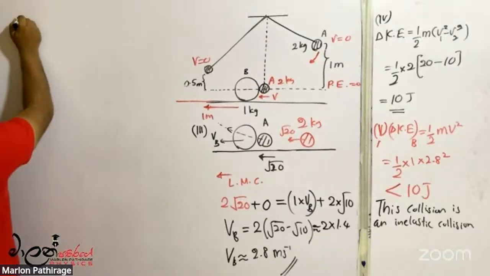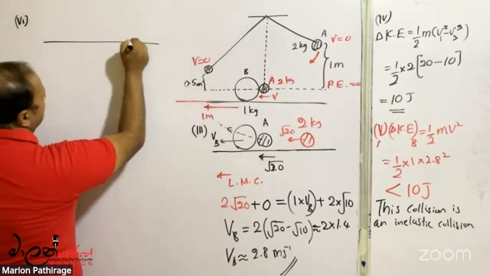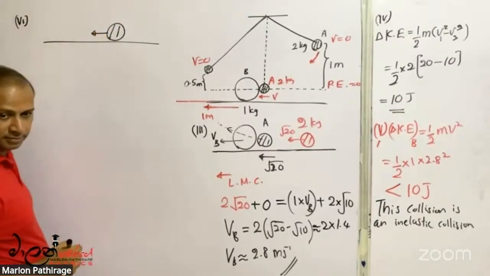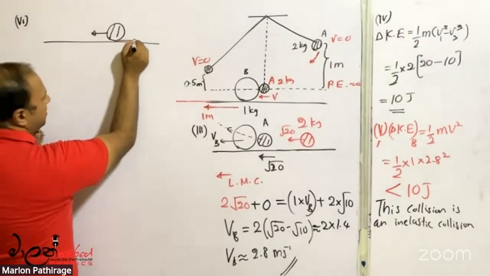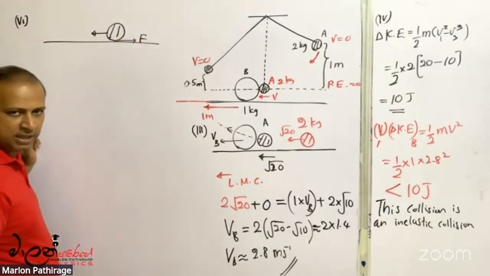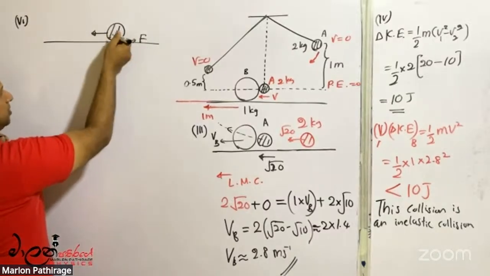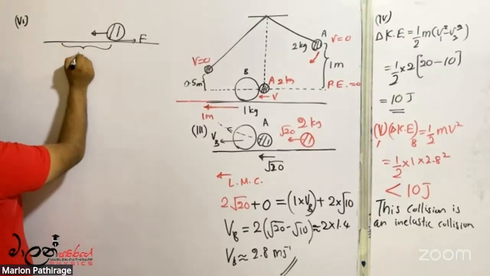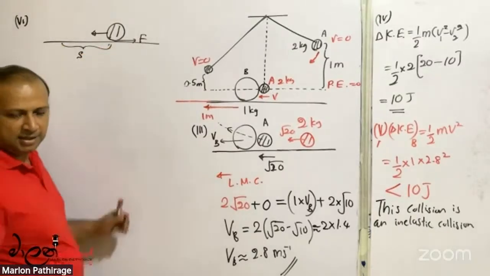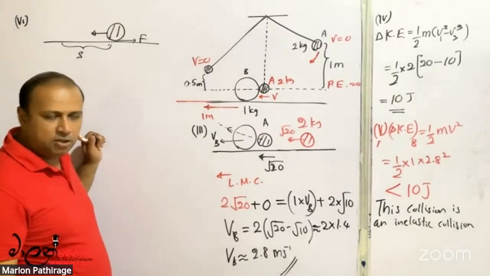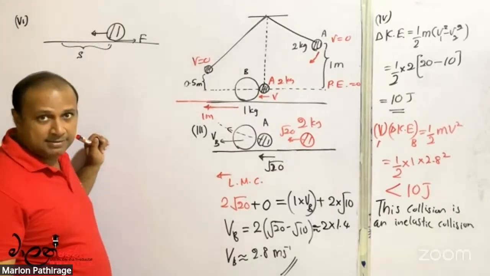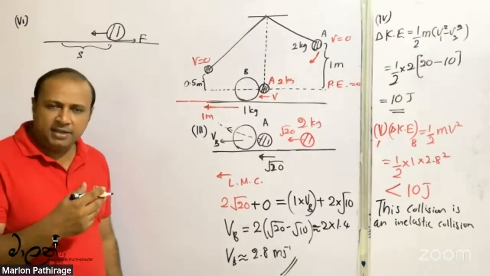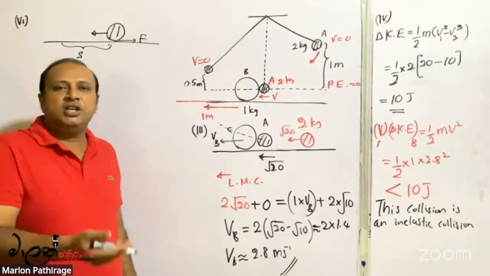When the object moves to this side, there will be a friction force to the other side. Therefore, it has to do work against friction, which is equal to F times S, force times displacement. That energy is provided by its initial kinetic energy.